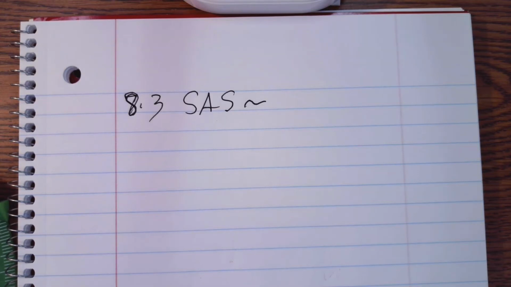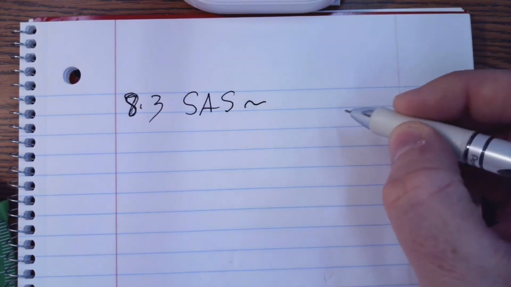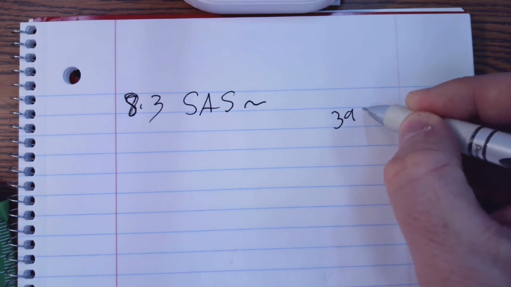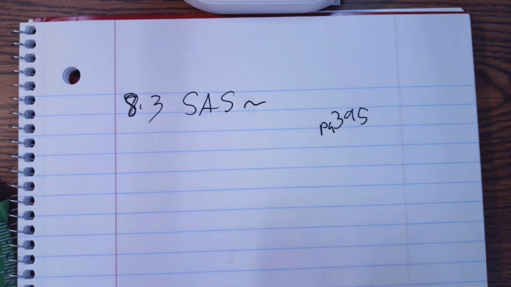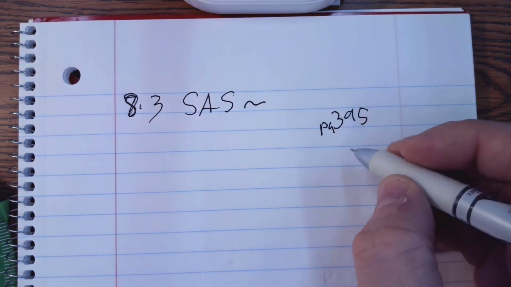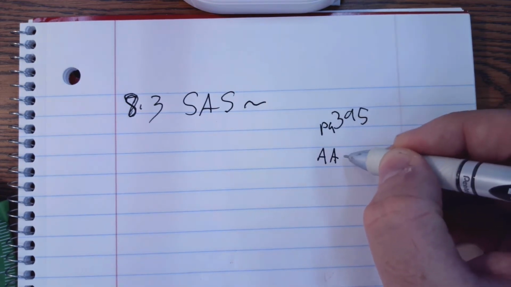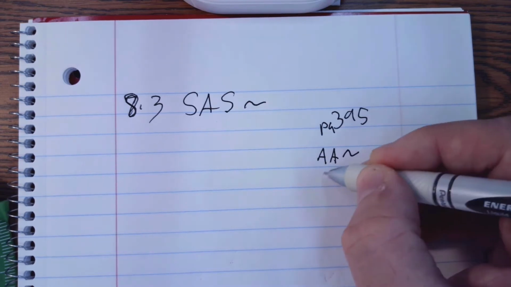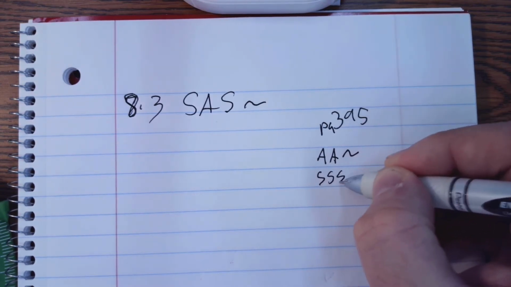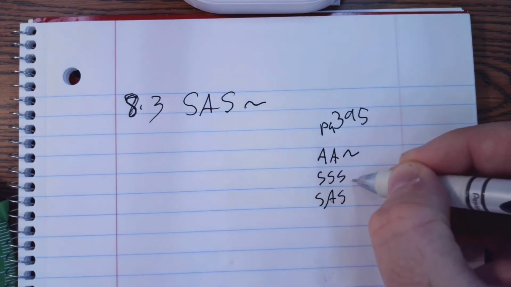So on page 395 is kind of a good study guide where it has your only three similarity theorems that are going to be important in this: the AA, SSS, and SAS.